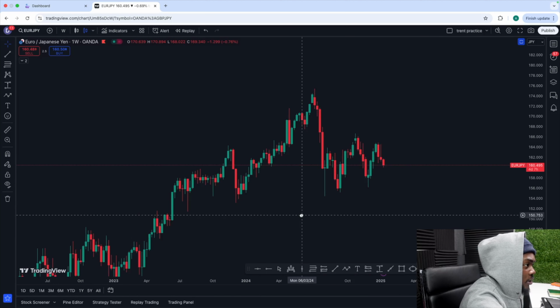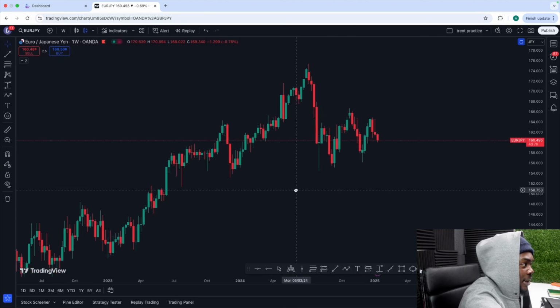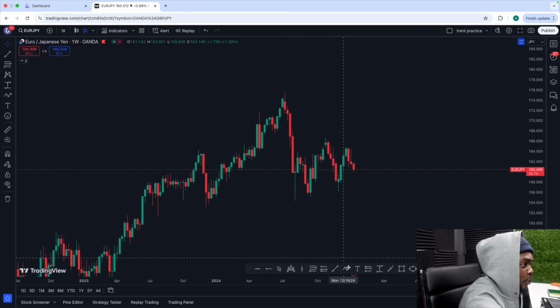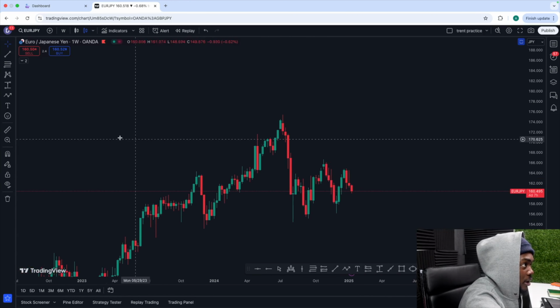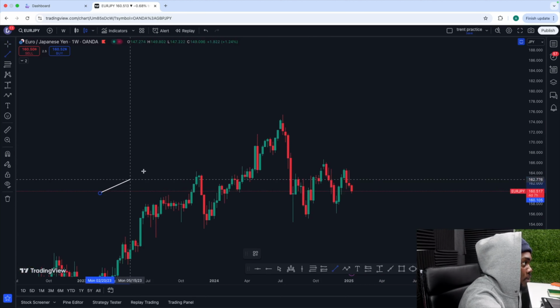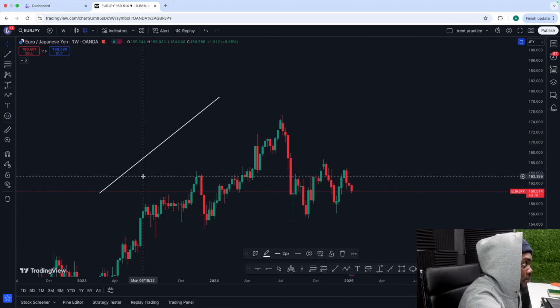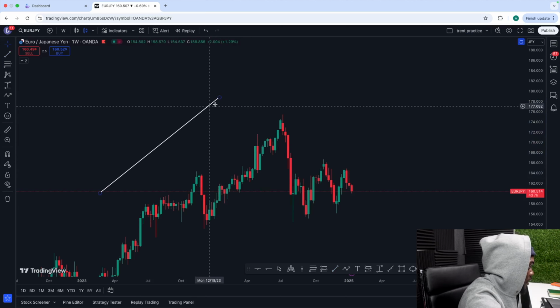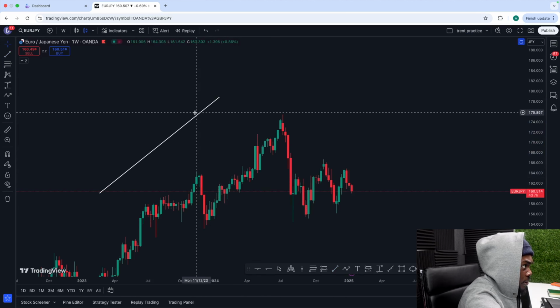So here on the weekly chart, first thing I'm going to do is identify point A. Anytime you are creating a trend line, it needs to have 2 points. Point A, point B, straight through. So point A will be down here, point B, and then put it straight on through.